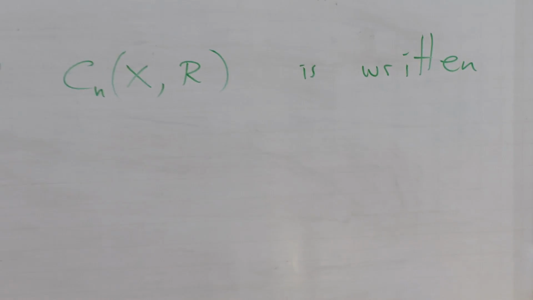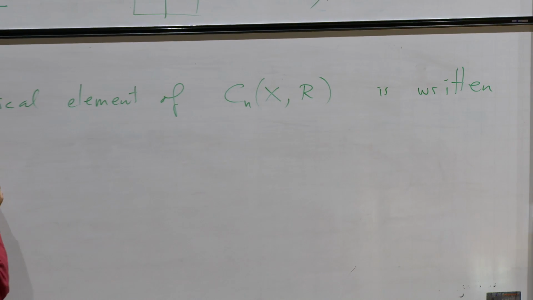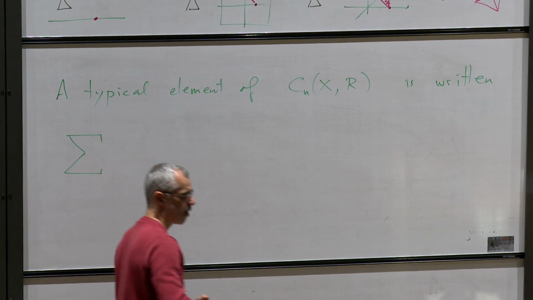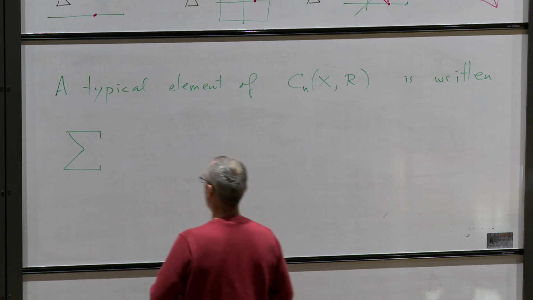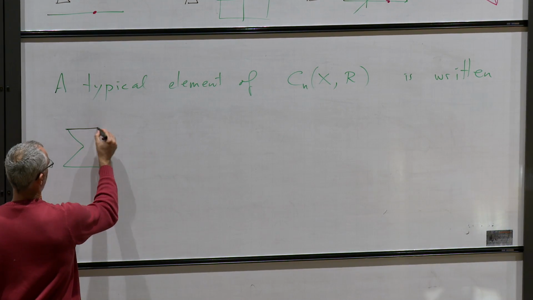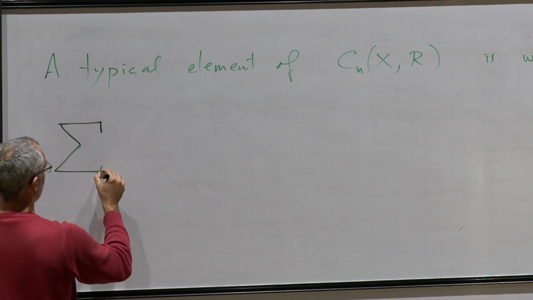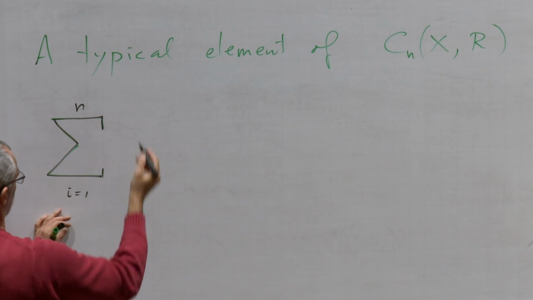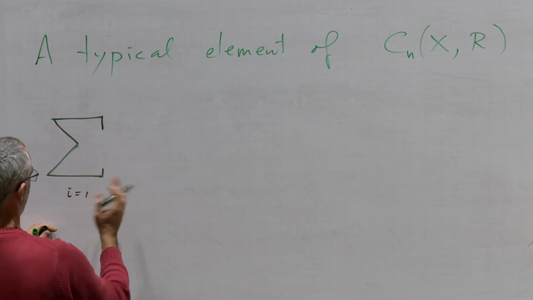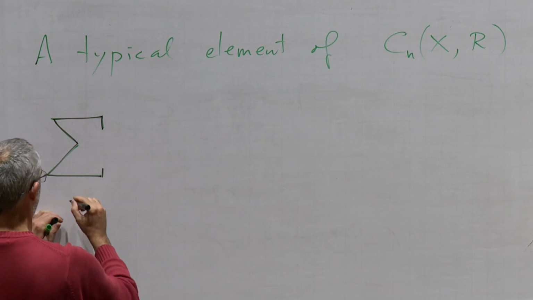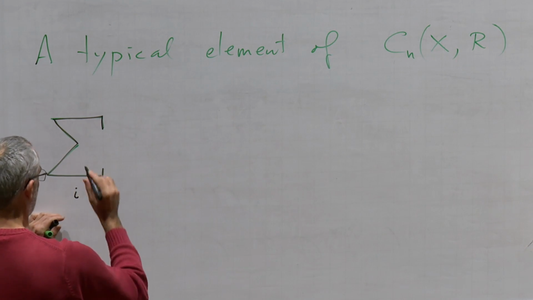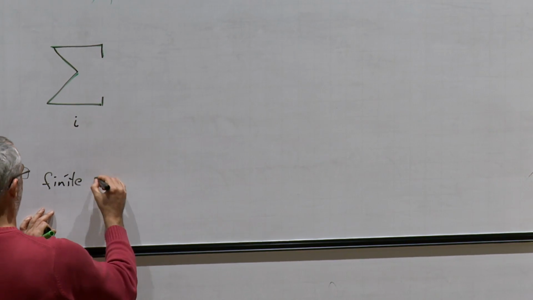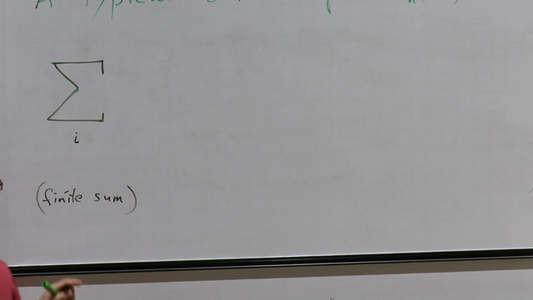A typical element here is written in the following form. Sum over some indexing set, which is a finite set, i equals 1 up to n. It's a finite sum.